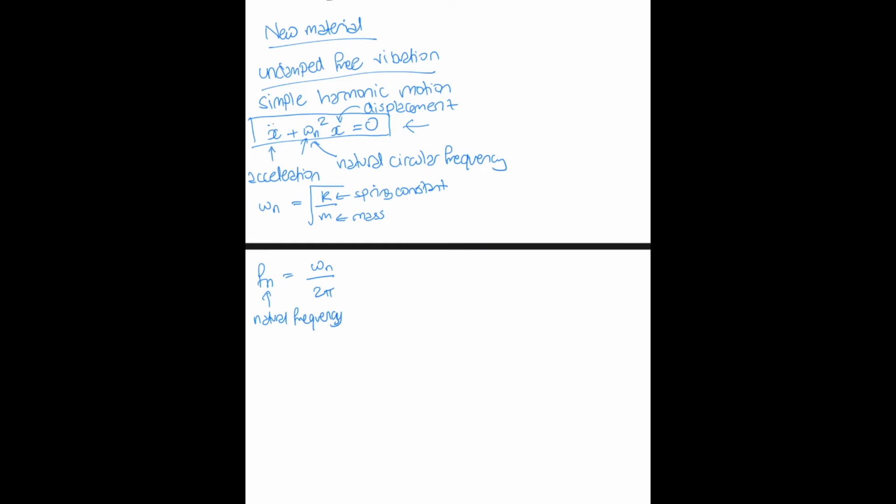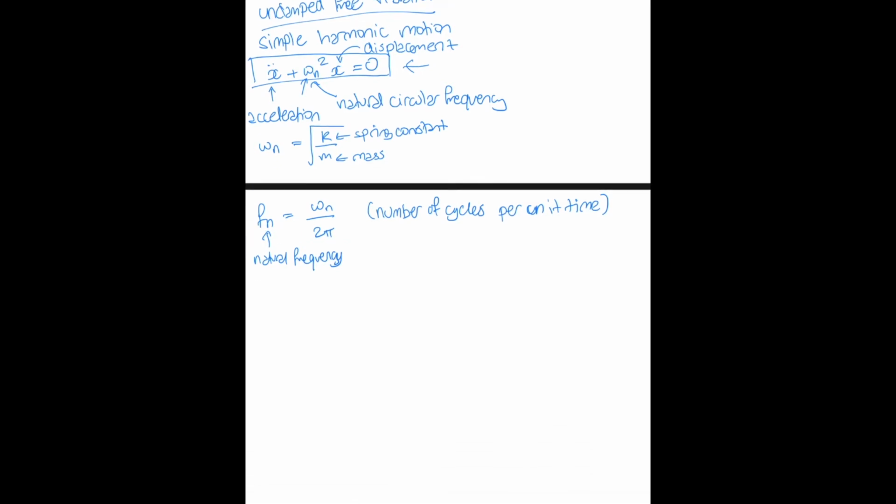So basically this only means that it's the number of cycles per unit time. These are all important equations that we need to be aware of.